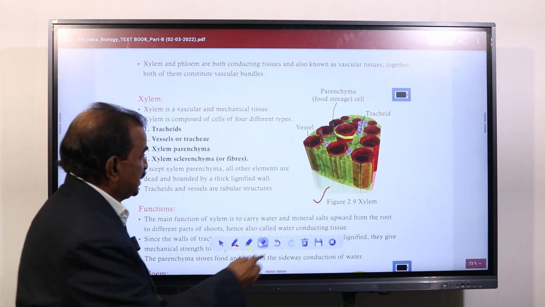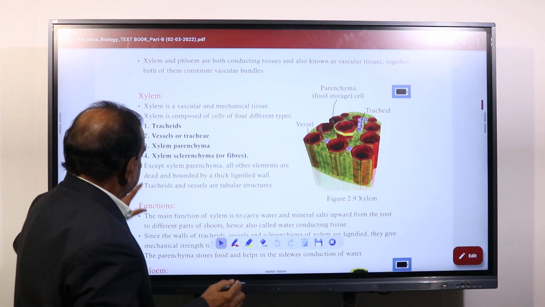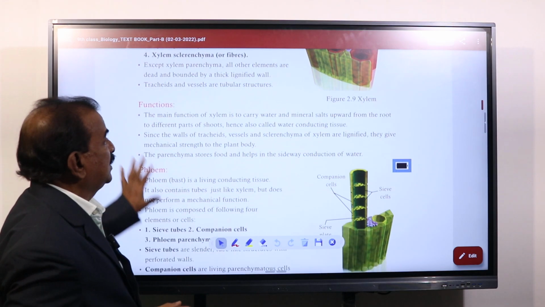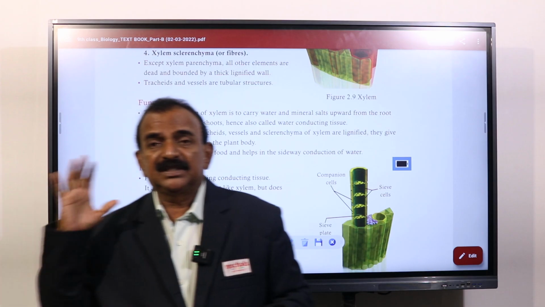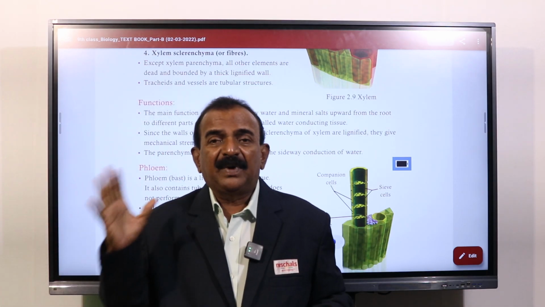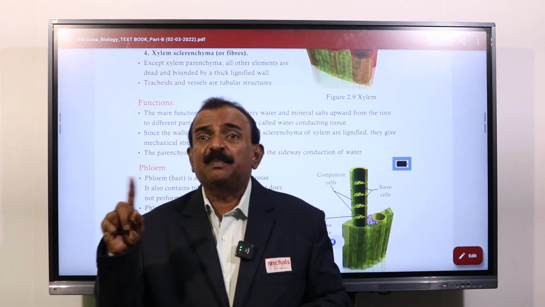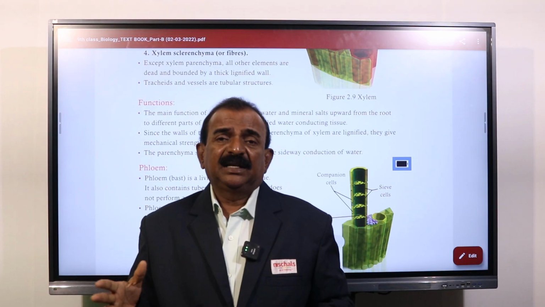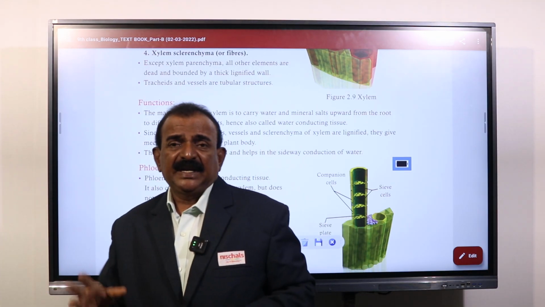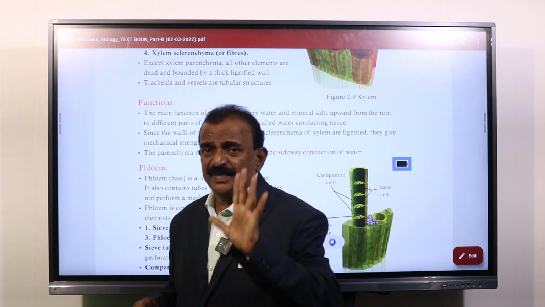And now we need to understand the functions. So what are the functions performed by the xylem vessels? Already we discussed xylem vessels are made up of lignin and are lignified. Except xylem parenchyma, all other cells are dead cells and they form tubes, and this tissue is useful for conduction of water and mineral salts.